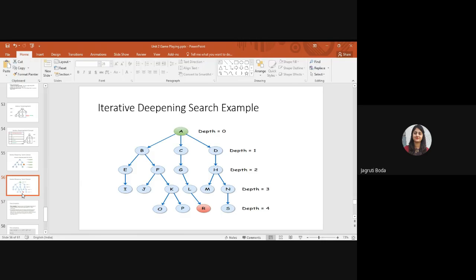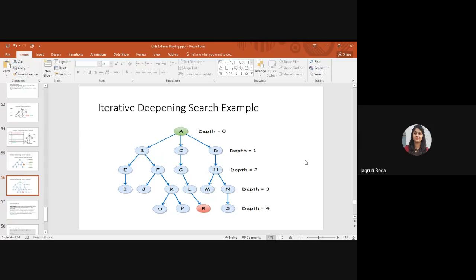Your goal state is R. So how many nodes are visited before you reach your final or goal state? Six.